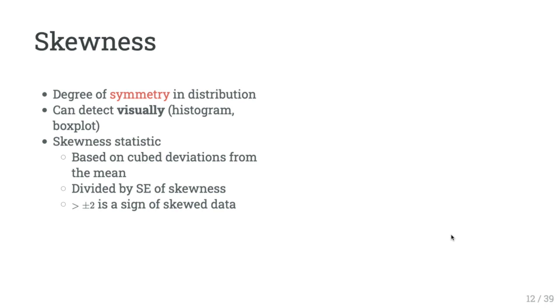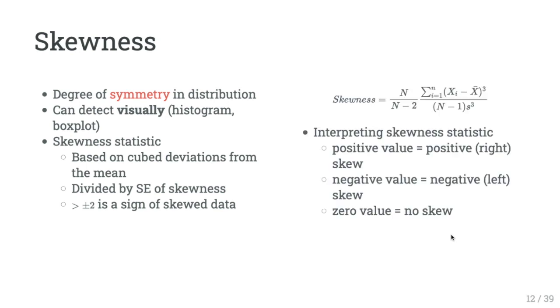With that background, we need to talk about 2 new words, skewness and kurtosis. Skew is the degree of symmetry in the distribution. Generally, you can detect this visually with a histogram or a boxplot. The skewness statistic, which I'll show here, is a calculation with a cubic term.